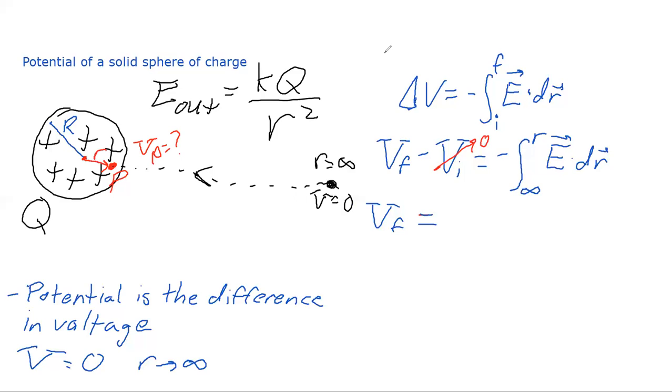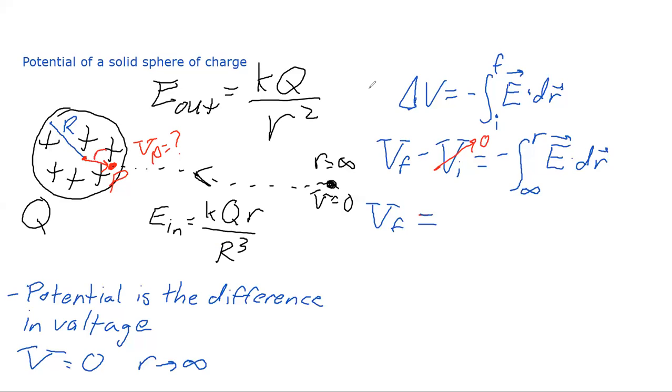But we do know how the electric field changes. On the outside, it's KQ over r squared, but on the inside, our electric field is what I wrote earlier, KQr over R cubed. So we have that change in function.